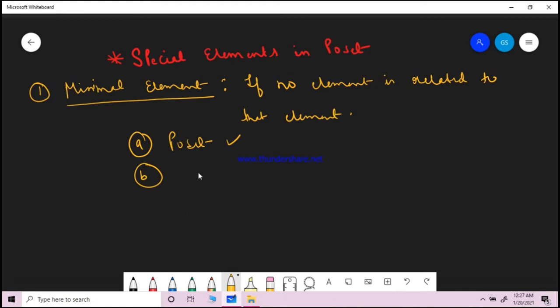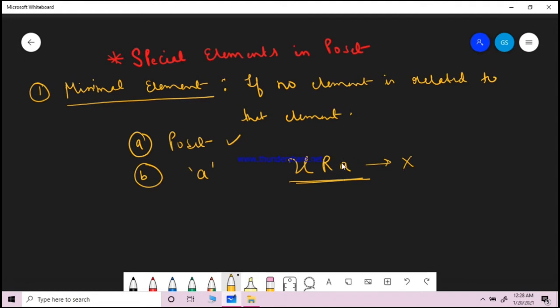Suppose A is the element. Then A is called a minimal element if no such element X is related to A. If in the whole Hasse diagram this condition is never true, then we can say that A is a minimal element.